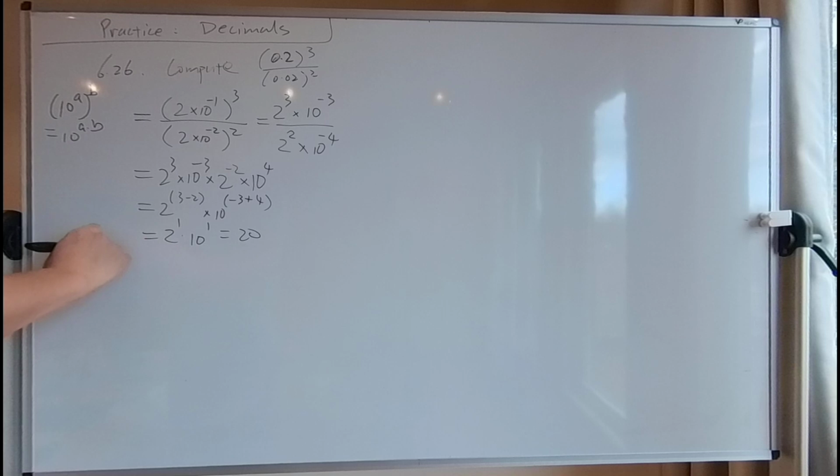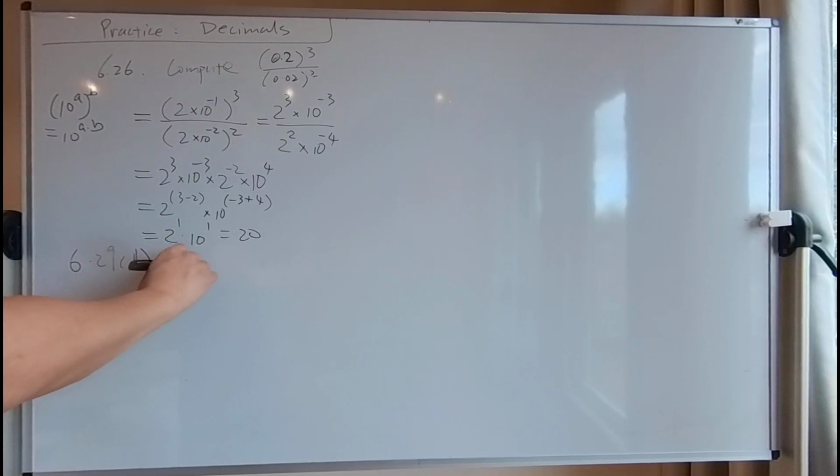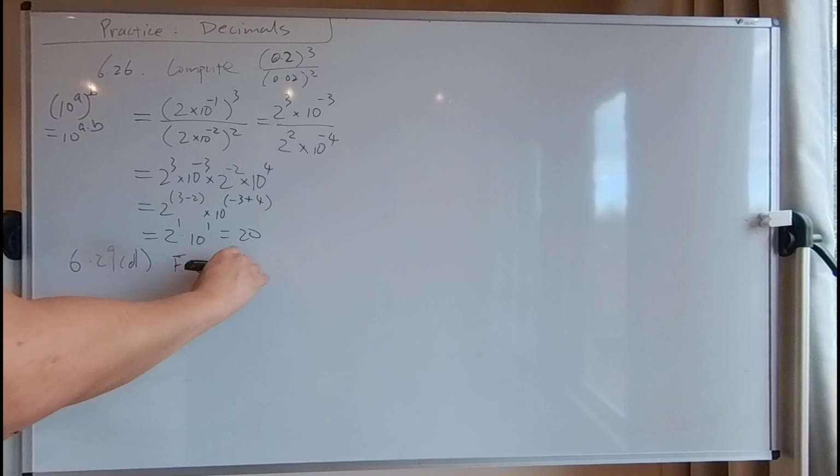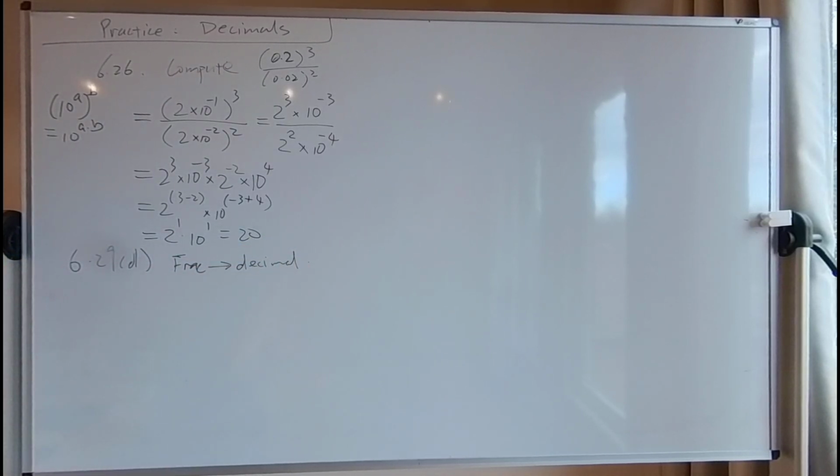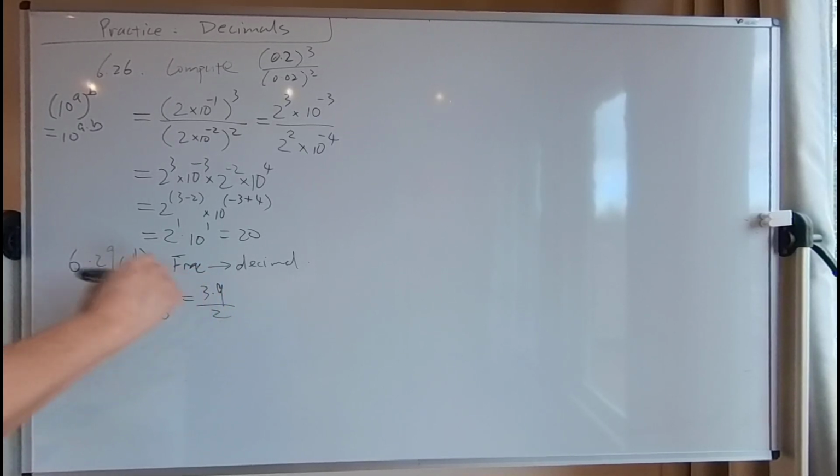Okay, next question. Convert fraction to decimal. So 39 over 20, which a simplified way is, 20 seems too large to be divided by, but if I divide 10 on both sides, I will have 3.9 over 2.